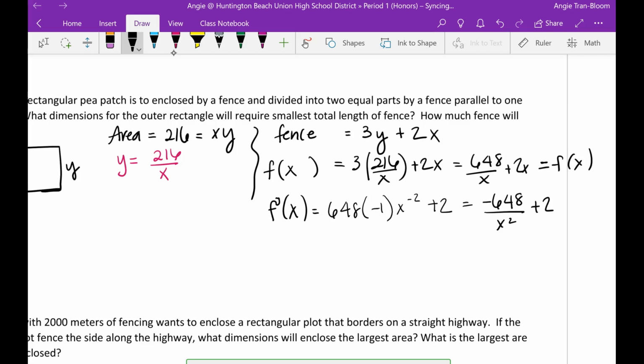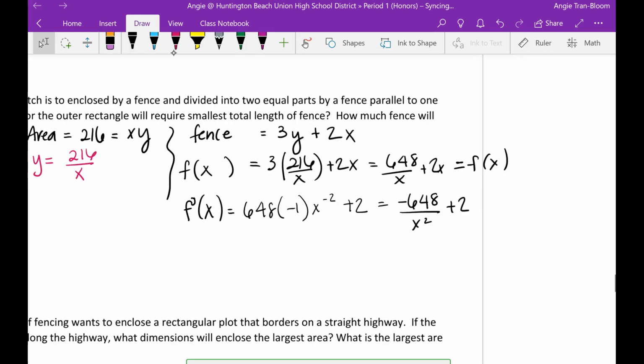Does this look about right? Yeah? Now what? Common denominator? Sounds good. So that means I'm going to have negative 648 plus 2x squared all over x squared.